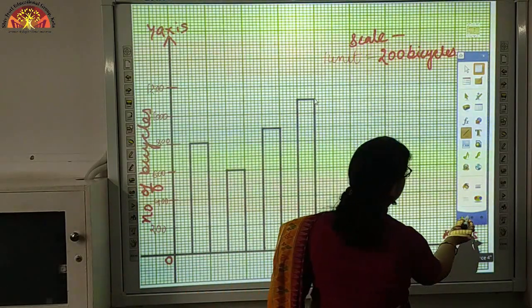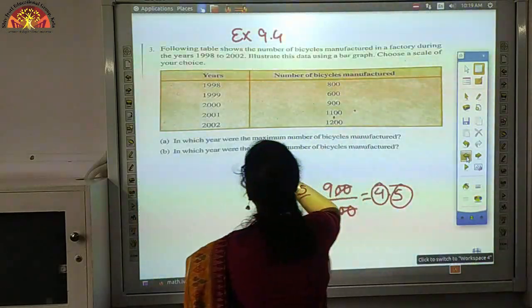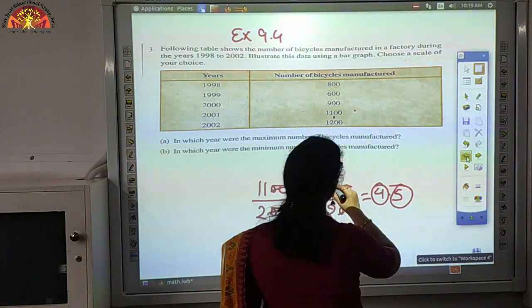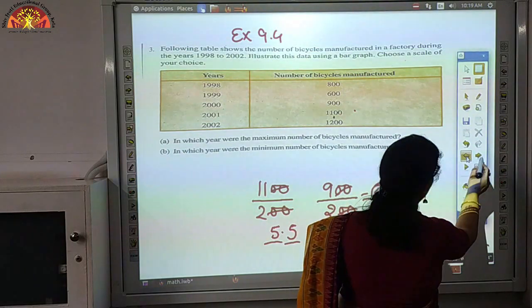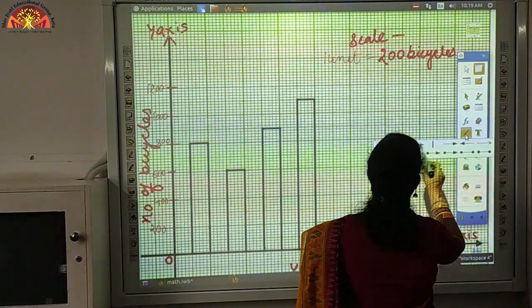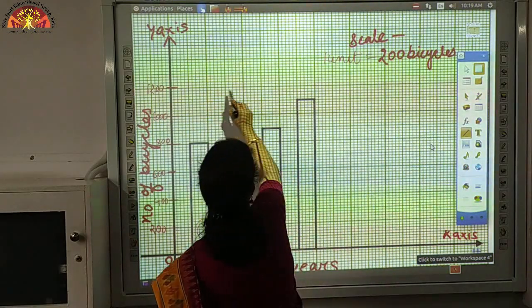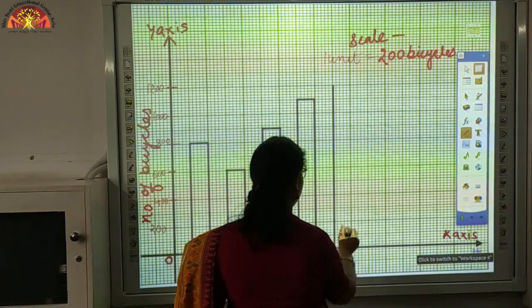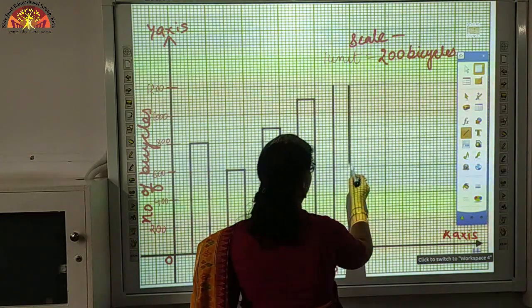Now in the next, 2002 we have 1200 bicycles manufactured by the factory. 1200 represents this. So we draw vertical lines here to draw the bars.